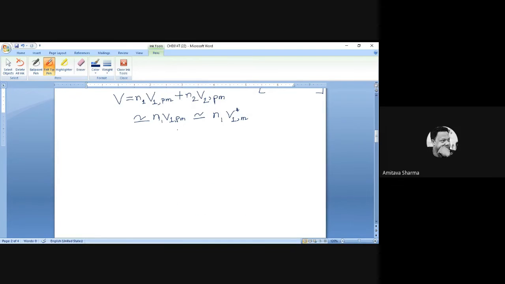And what we have is only equation 6 here, which contains only the molar volume of the solvent, and this is the molar volume of the solution, as we have neglected the amount of solute present in the system.